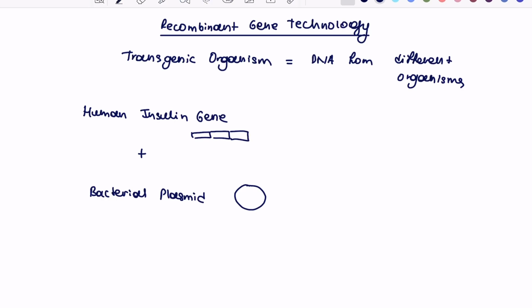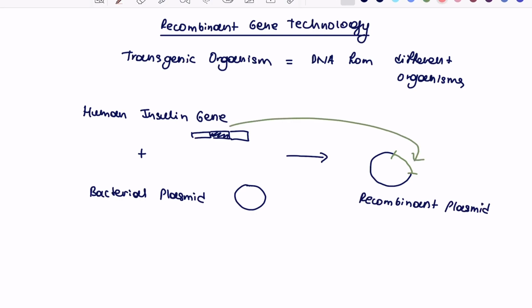So, for example, the human insulin gene will be isolated from a beta pancreas cell from the human, and then it will be inserted into the bacterial plasmid, which is represented in green here as a separate DNA. And eventually, once the insulin gene and the bacterial plasmid are combined together, that plasmid we can call a recombinant plasmid.